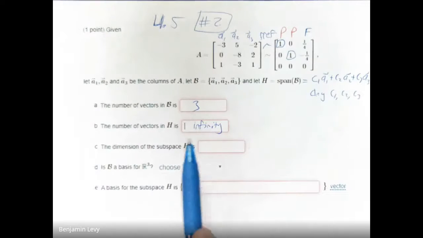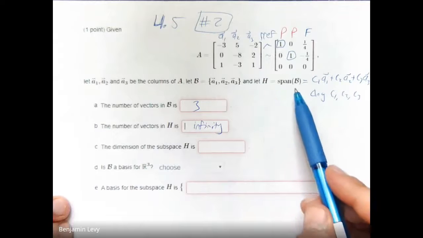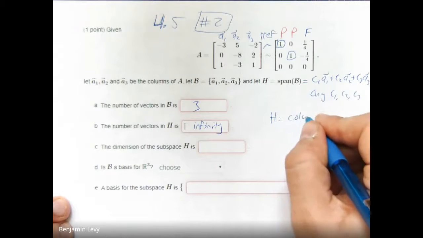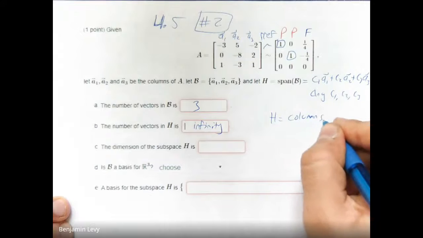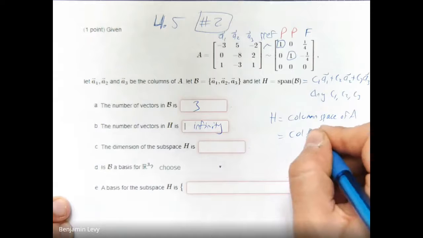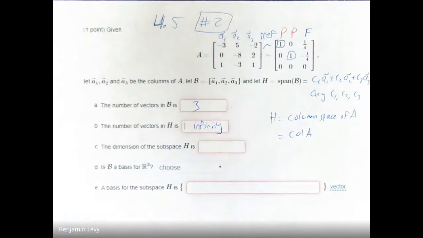And so the next question is, what's the dimension of the subspace H? Well, H is the span of the columns. And so another way we can think about H is the column space, which we denote like this, col A, right?